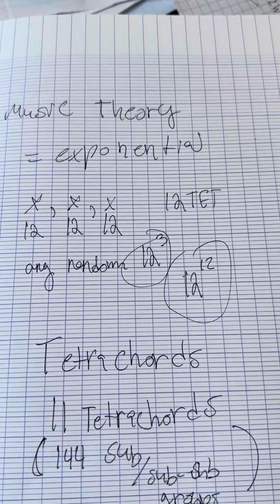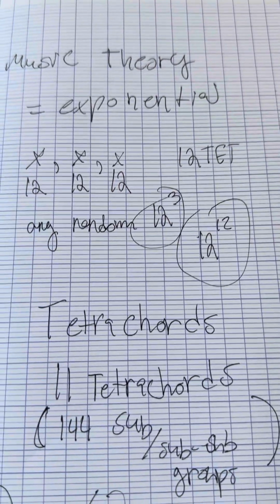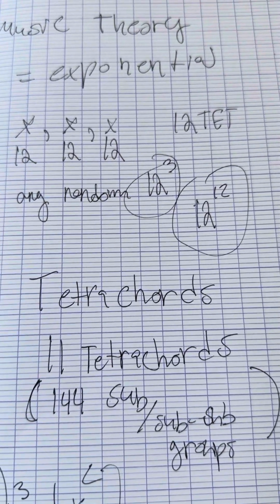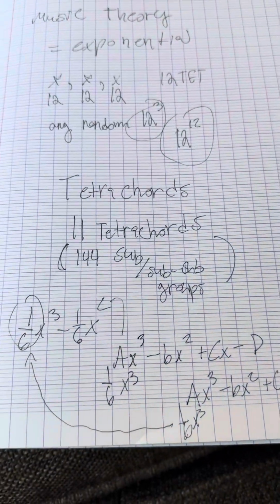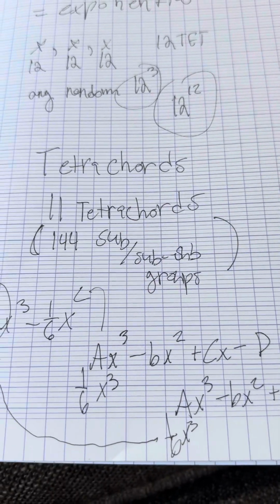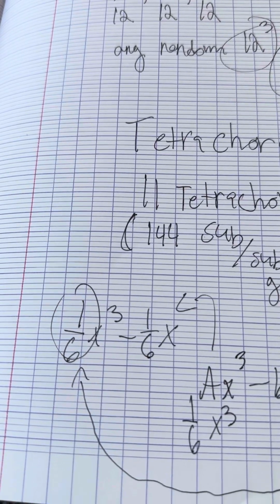So, a good way of condensing a lot of our music theory is going to be through a method called tetrachords. And for 12 tone music, I'm going to list 11 tetrachords that are going to give you 144 options for other tetrachords.